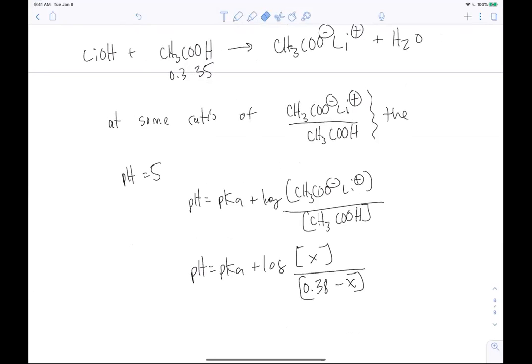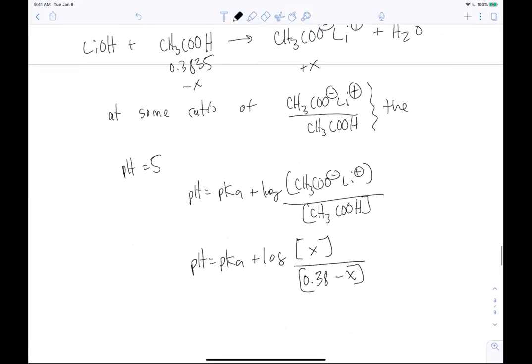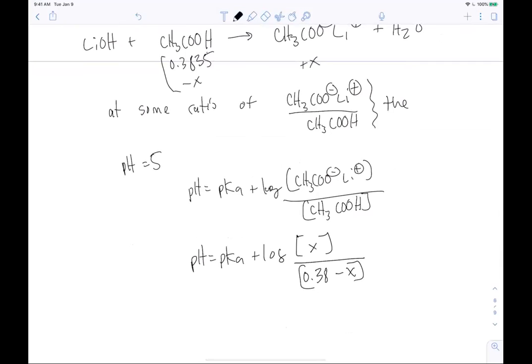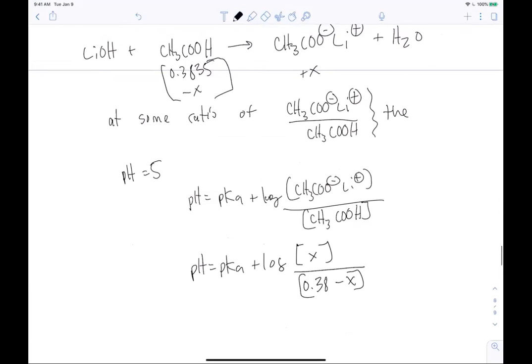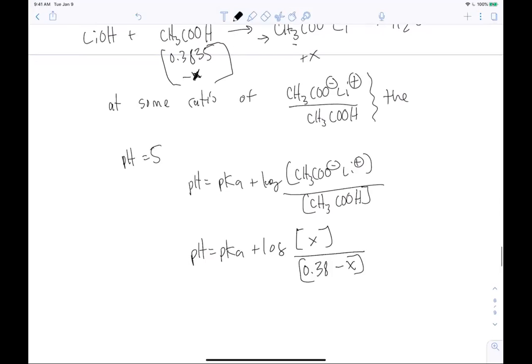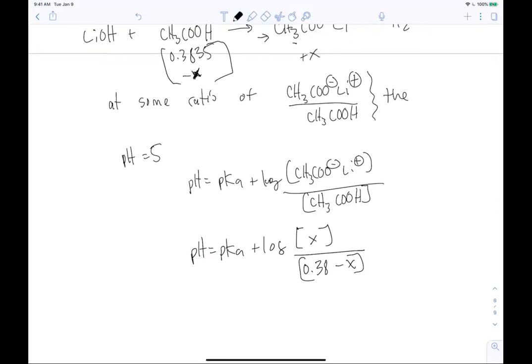So one way to set this up, one way to think about it is to say, that's going to be plus X at the end. So we're just saying that whatever amount of lithium acetate that we form over here is going to have to come from the acetic acid that we started with. I kind of gaffed on that a little bit.